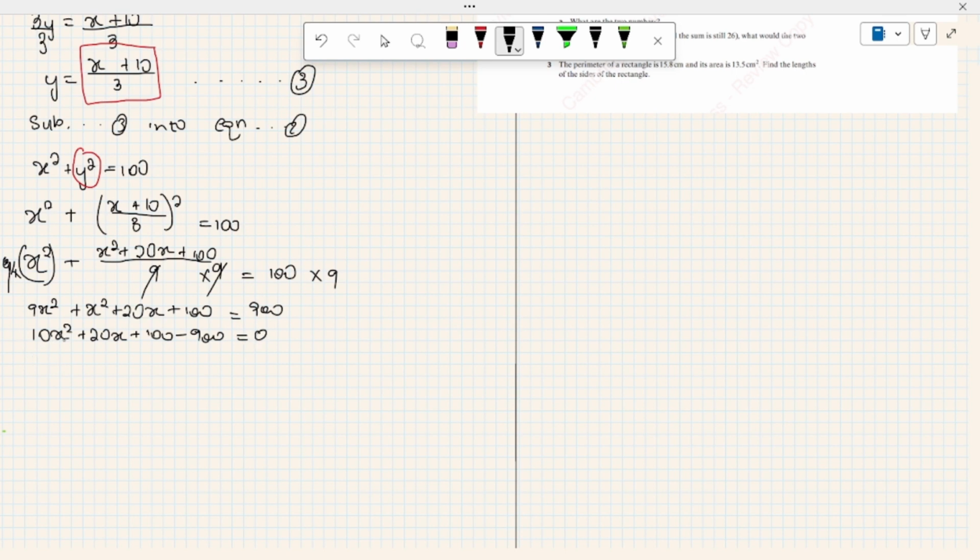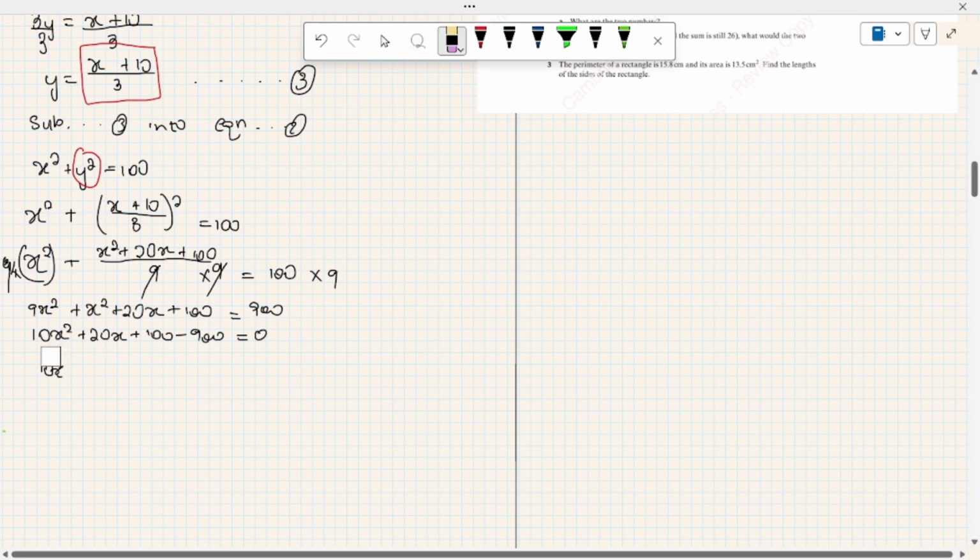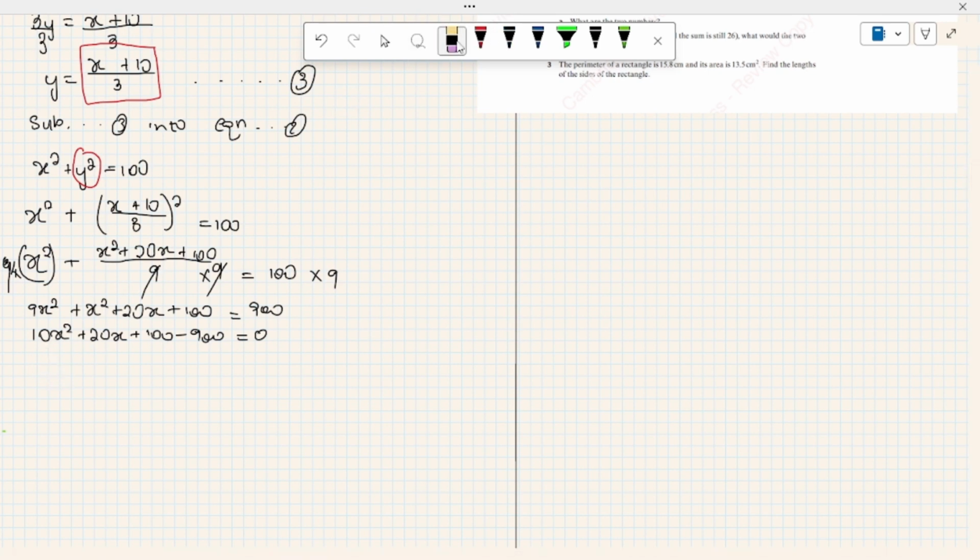So that gives 10x squared plus 20x minus 800 is equal to 0.